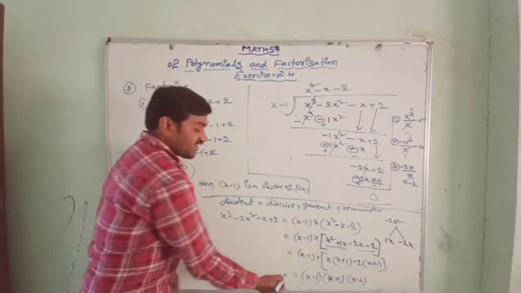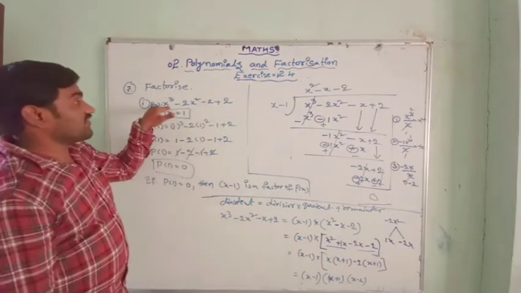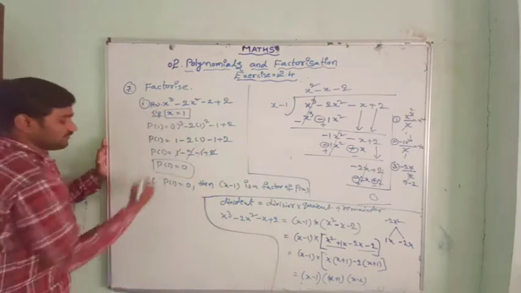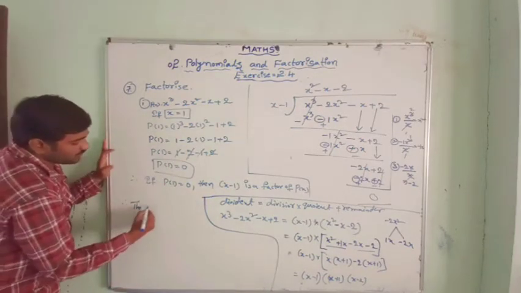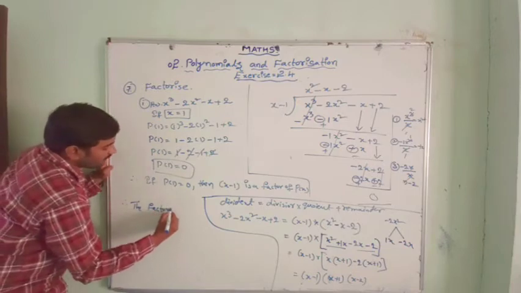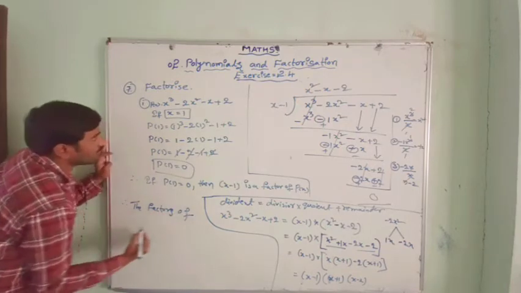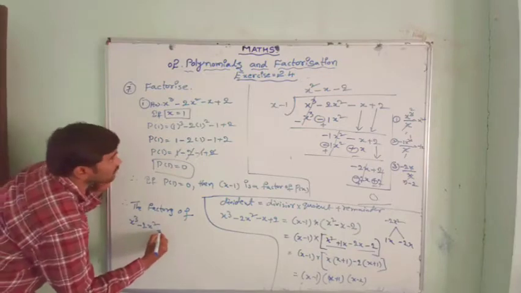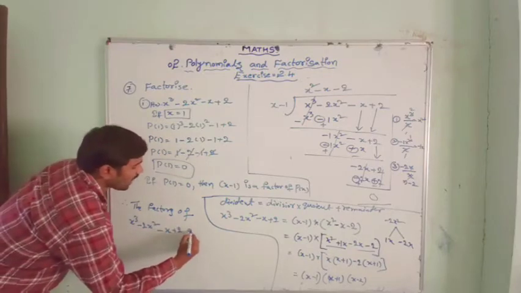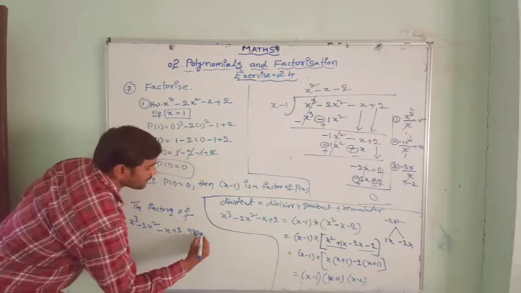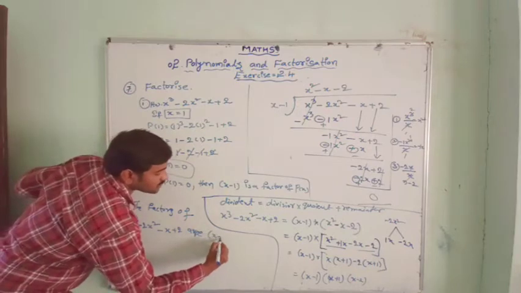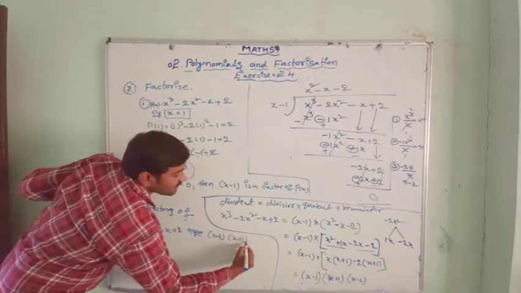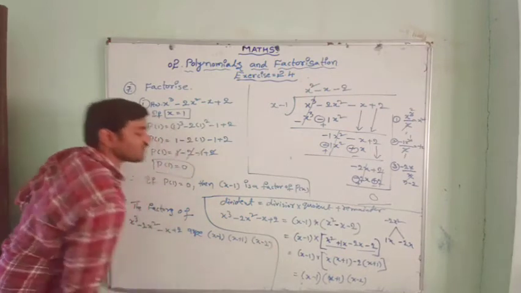Therefore, the factors of x cube minus 2x square minus x plus 2 are: x minus 1 is a factor, and also x plus 1 is a factor, and x minus 2 is a factor.